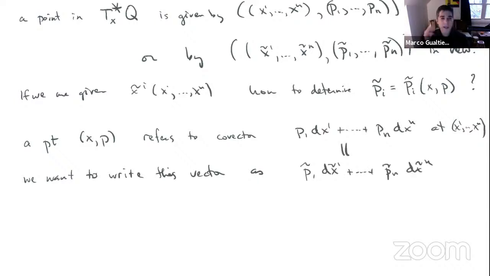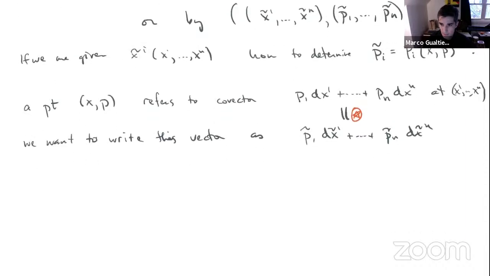We want to write the same point, but in terms of the different bases, and the coefficients will be our new coordinate system for the p's. So this equation is the key thing. We have a vector with respect to this basis, we have another vector with respect to this basis, and these p tildes are exactly the thing we want to find.